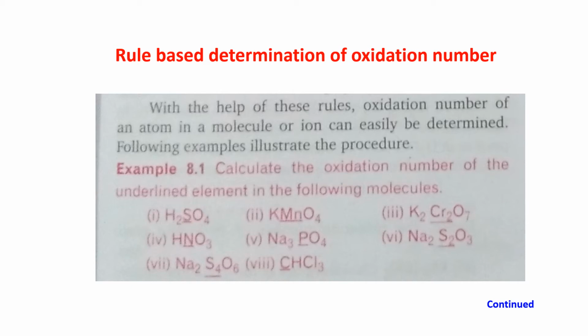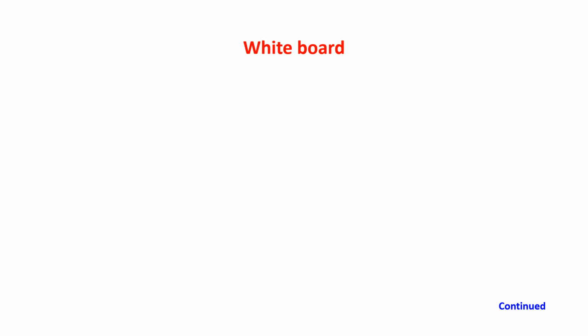The first one is H2SO4. Now children, I'll explain how to calculate the oxidation number of the underlined element with the help of the rules. The first one is given, find the oxidation number of sulfur in H2SO4.